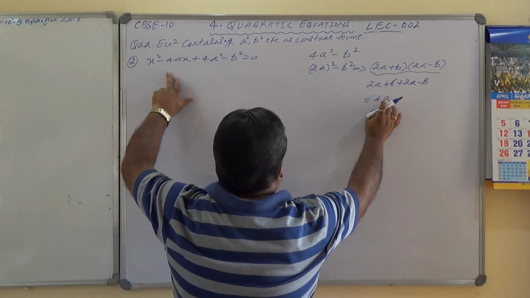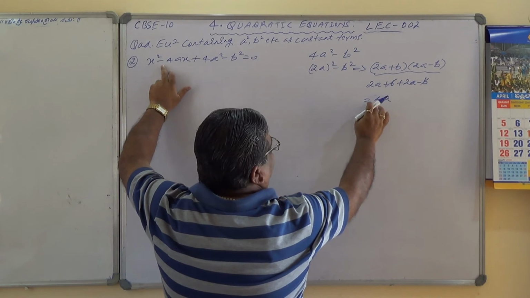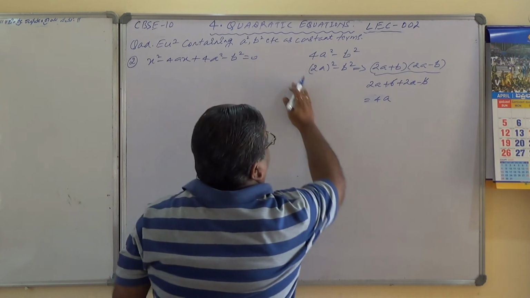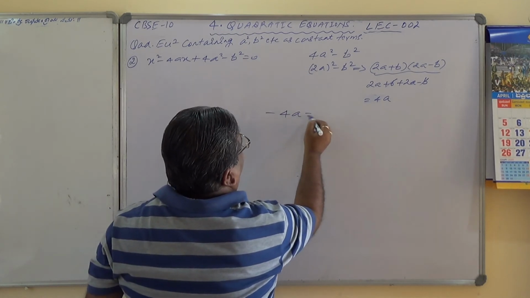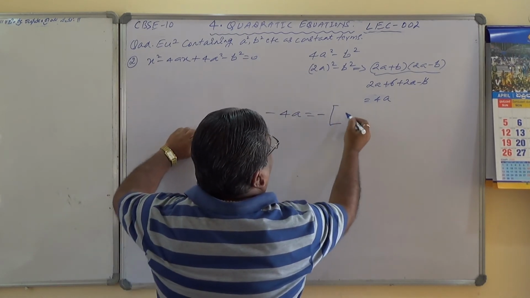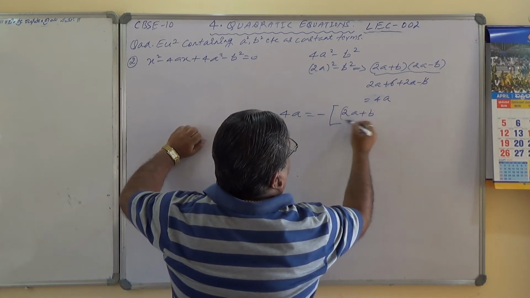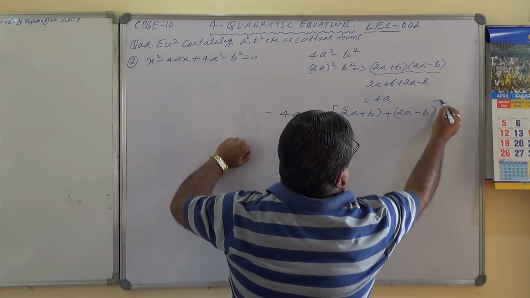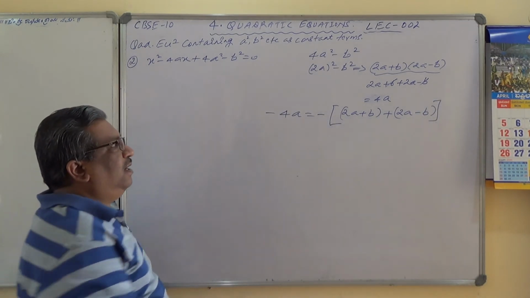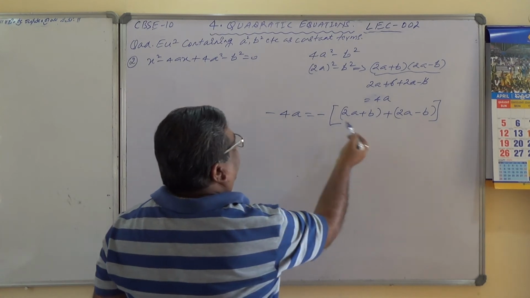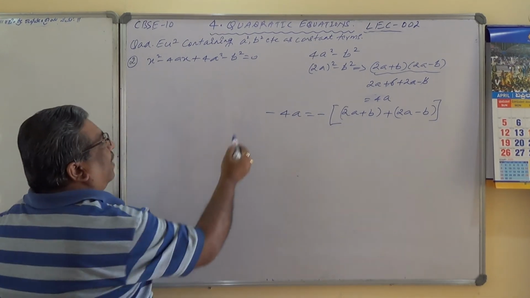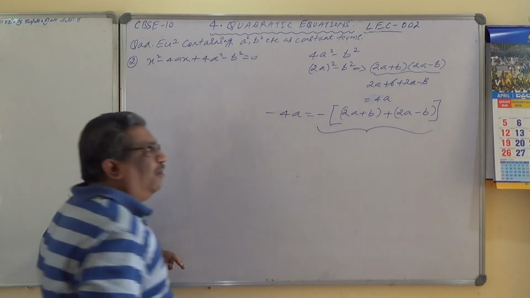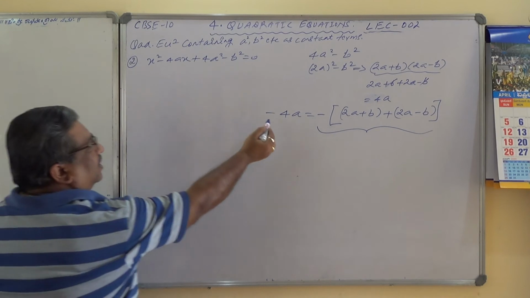If I want to get minus 4a here, I have to multiply by this minus, and therefore I can say minus 4a equals minus into bracket 2a plus b plus 2a minus b. Check yourself. See, b cancels, 4a, minus 4a. So minus 4a is entirely replaced with this term now. I hope you are able to understand. So only this term I am writing here.